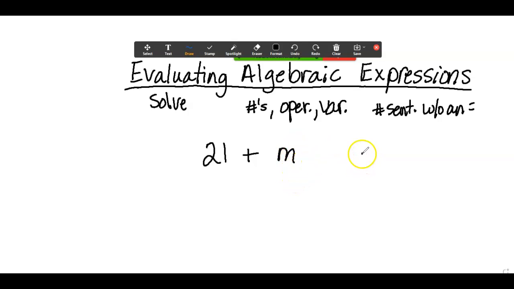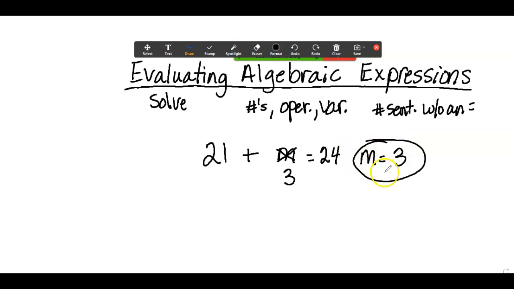So if they tell me that m is equal to 3, then that just means that instead of the m, I now have a 3. So what's 21 plus 3? 24. That is evaluating an algebraic expression. That's really all it is. They're going to give you a value that you're going to put in place of that variable, and then you're just going to solve it.